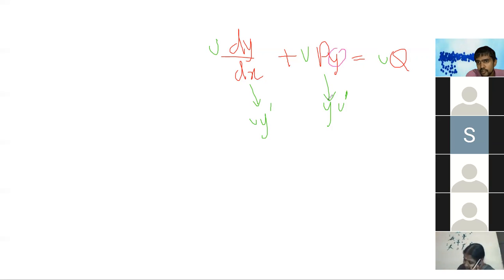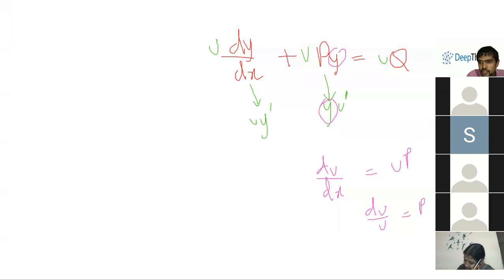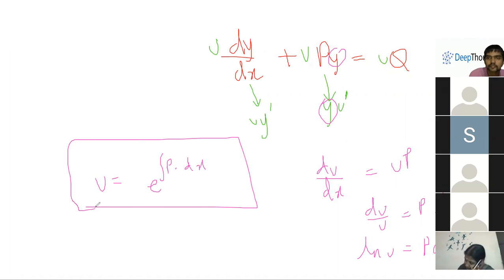Y is already there. The remaining fellow has to be u dash. So you can say du by dx is equal to up. So du by u is equal to p dx. So you can say ln u is equal to integral p dx. So what does it mean? U is equal to e power integral p dx. This is what we call integrating factor.